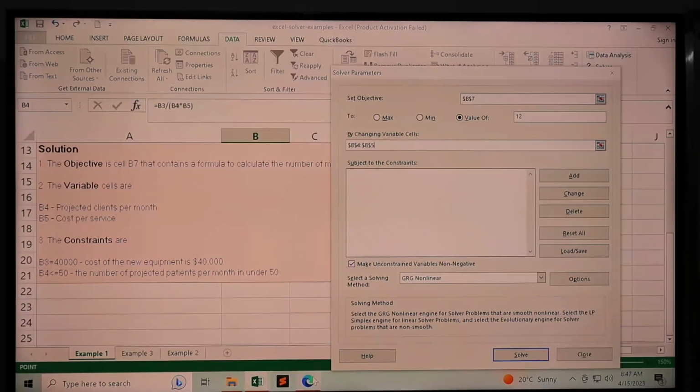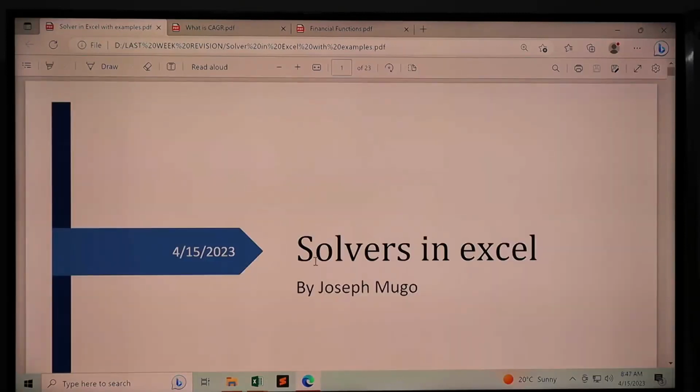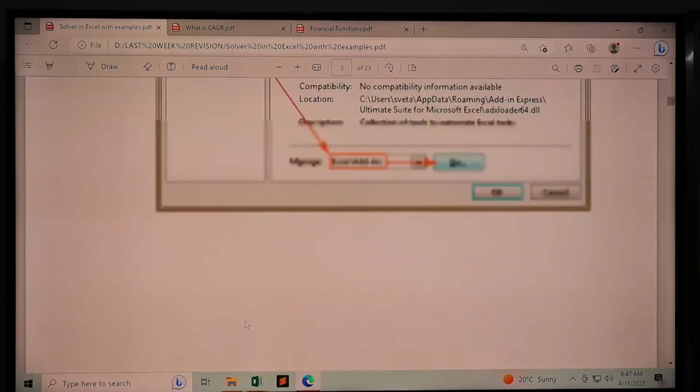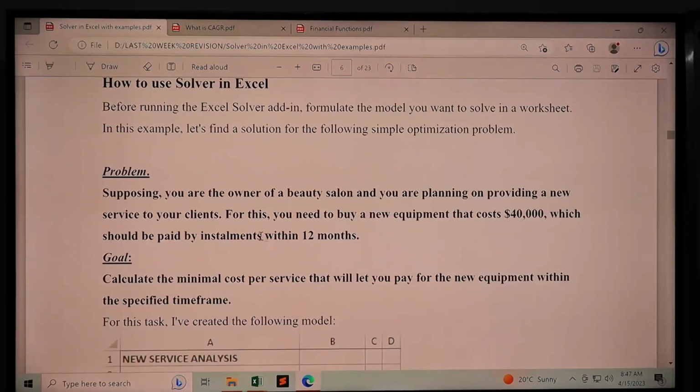If you go back to the question, you'll find that the two constraints were given. So how were the two constraints given? The question was like this. We were told that you have this beauty salon. You are planning on providing a new service to your clients. For this, you need to buy new equipment.